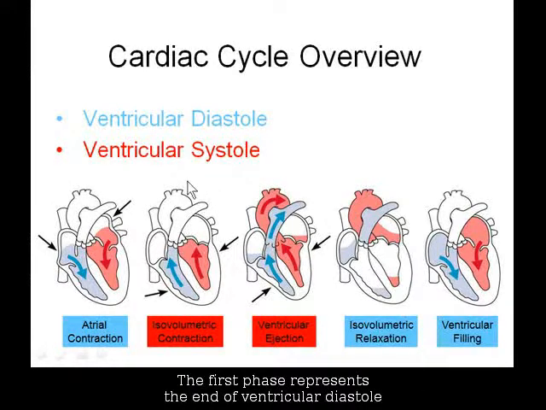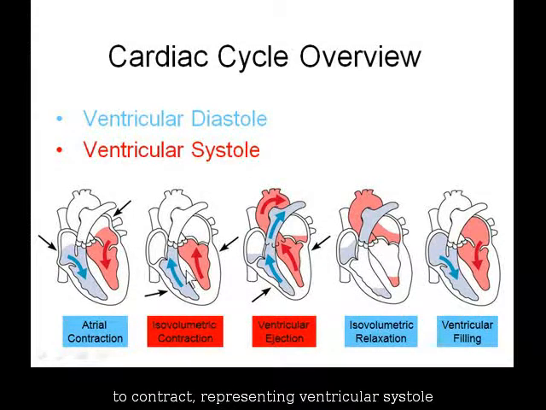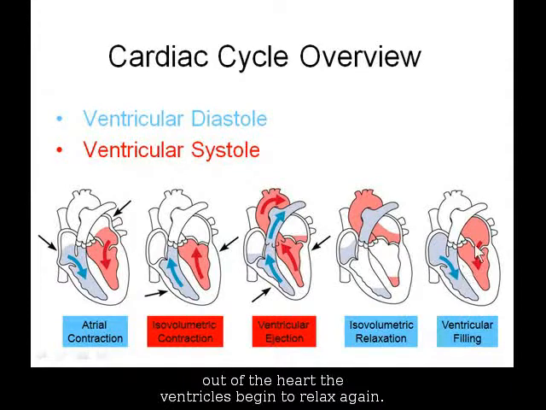The first phase represents the end of ventricular diastole, where the ventricles are relaxed and filling with blood. Once the ventricles are filled with blood, they begin to contract, representing ventricular systole, which forces blood into the arteries. The last phase of the cardiac cycle returns to ventricular diastole, where, after pumping blood out of the heart, the ventricles begin to relax again.